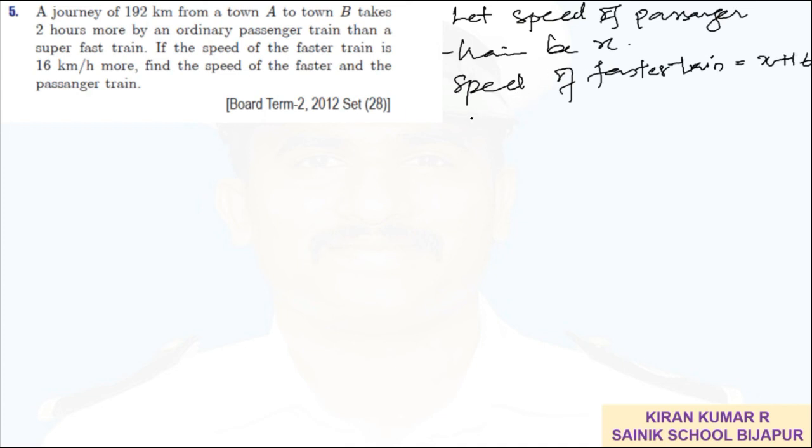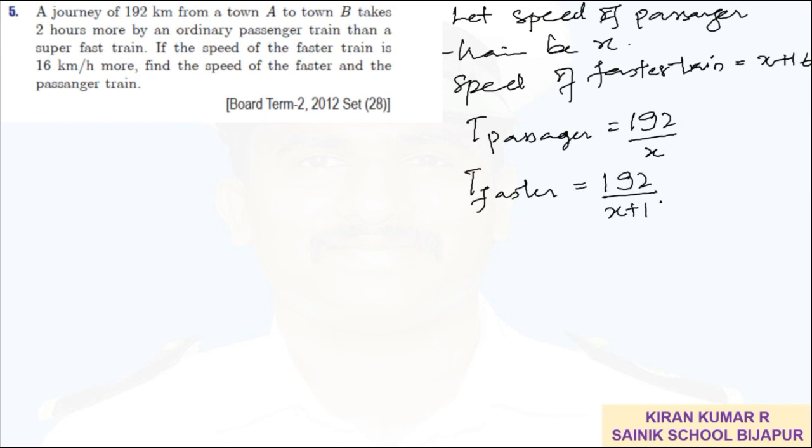Let me consider the time taken in both cases. The time taken by the passenger train, I'll take it as t passenger, which is the distance by the speed, and the time taken by the faster train is 192 divided by (x plus 16). According to the question, the difference of the trains is 2 hours, which implies 192 by x minus 192 by (x plus 16) equal to 2.